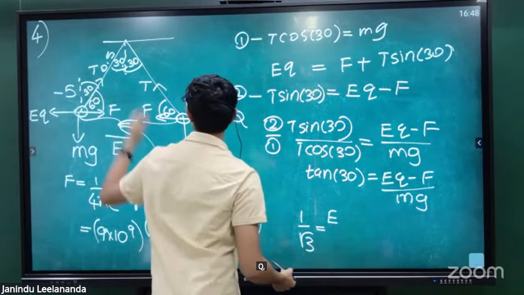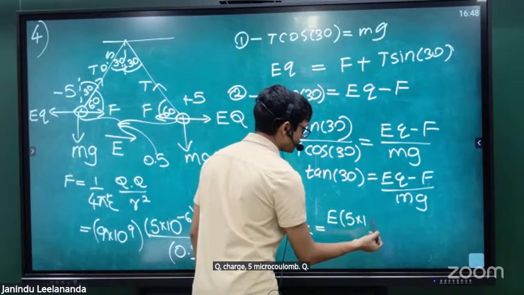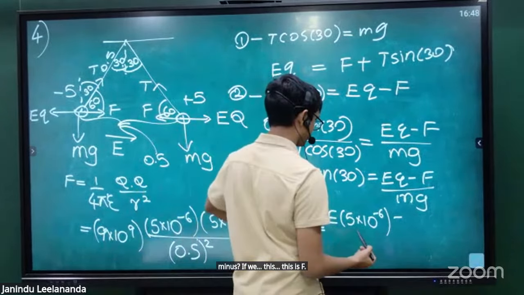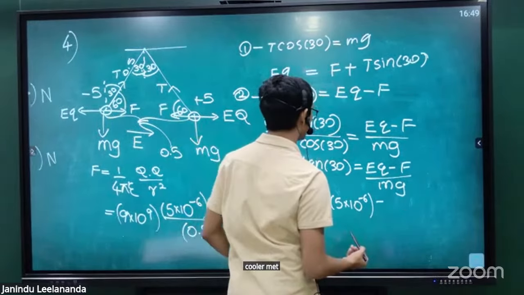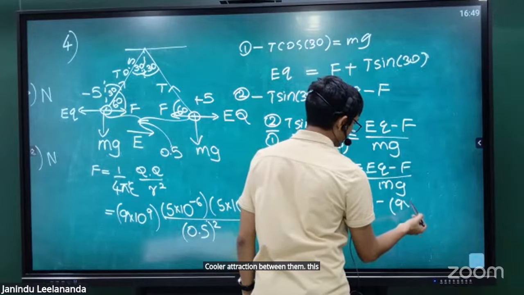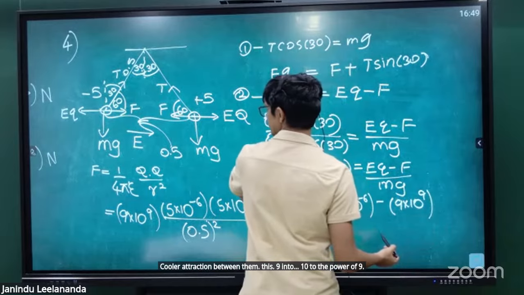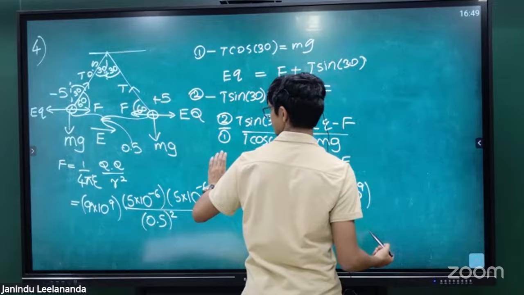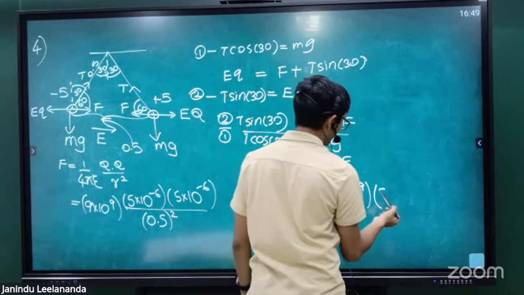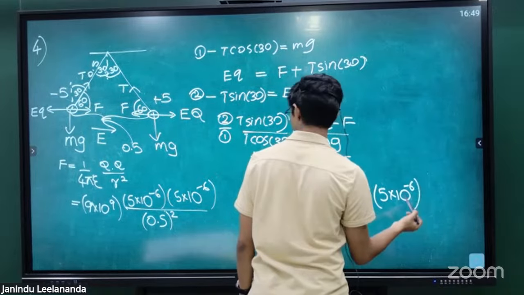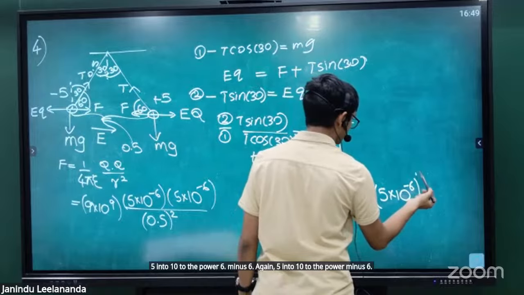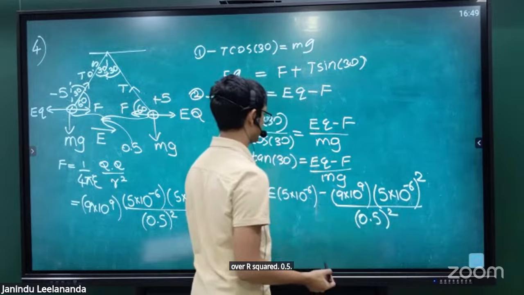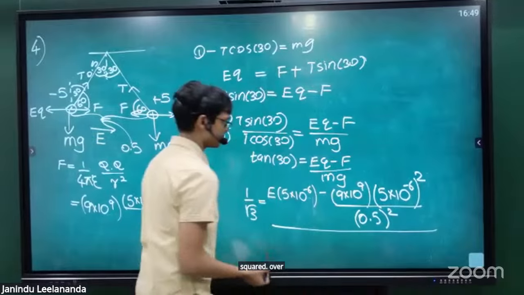Q charge 5 microcoulomb minus F. This is F, the Coulomb attraction between them. 9 into 10 to the power 9, 5 into 10 to the power minus 6, again 5 into 10 to the power minus 6 over r squared, 0.5 squared, over mg.